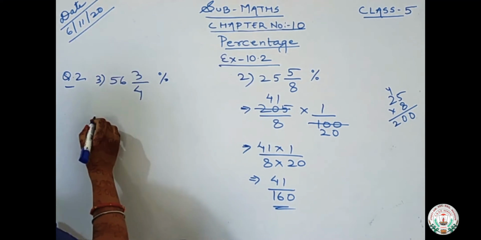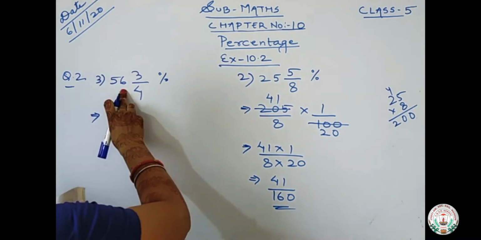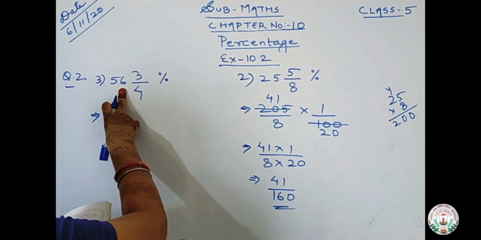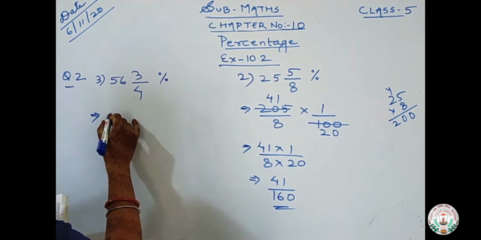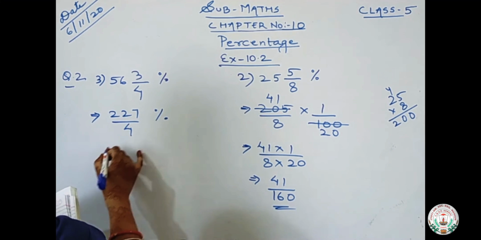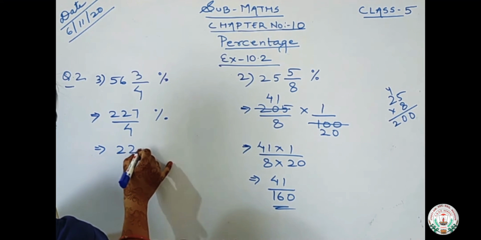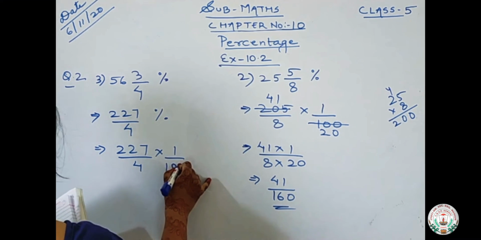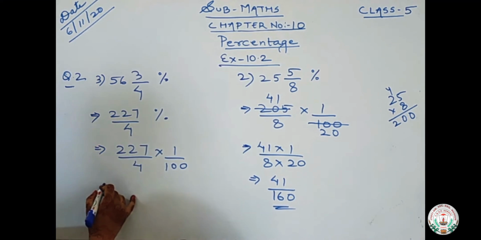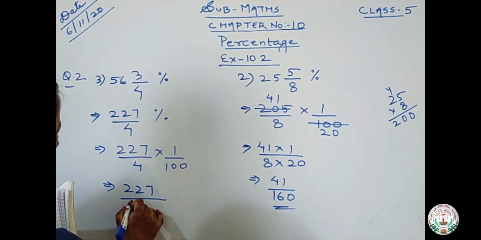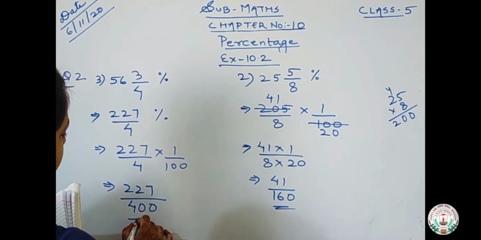First we will convert this 56 into 4 will be 224. 224 plus 3 will be 227 upon 4%, is equals to 227 by 4 into 1 upon 100. It can't be cancelled, so we will just multiply and write. 227 upon 4 into 100 will be 400.